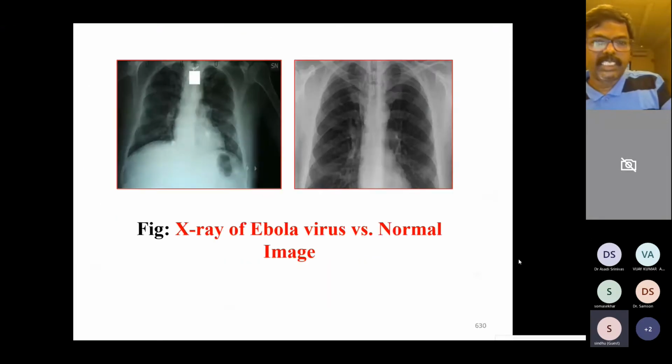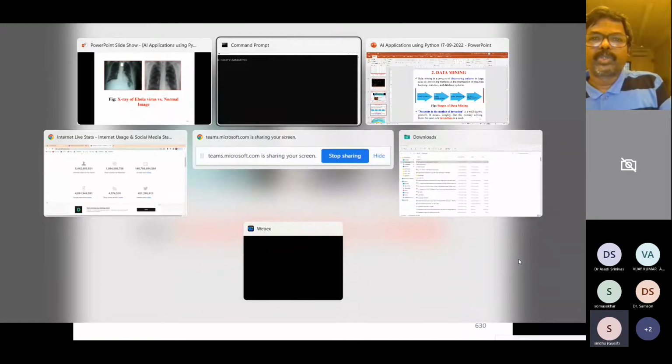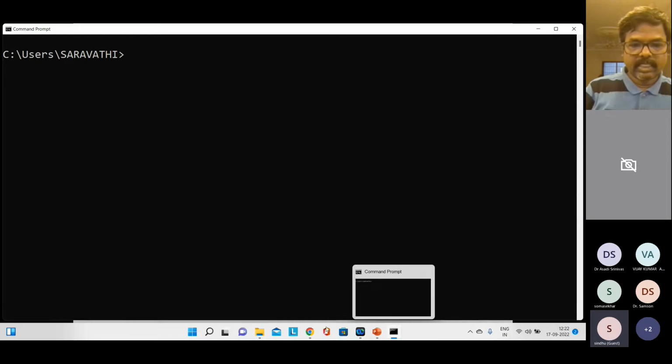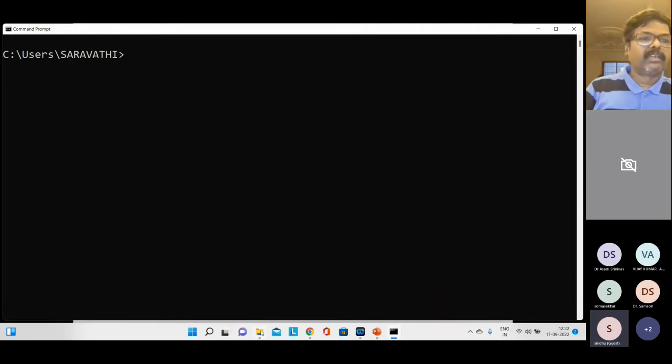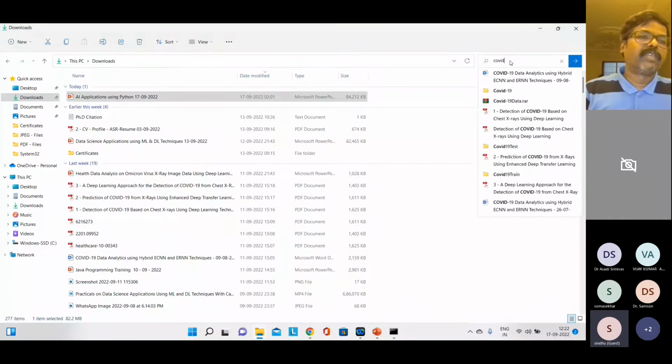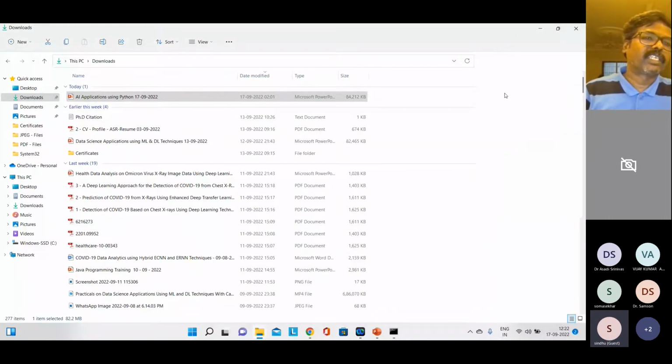So now please see here. I am going to show you, I have collected various images, a COVID-19 data set. Very small data set I have taken for testing purpose.